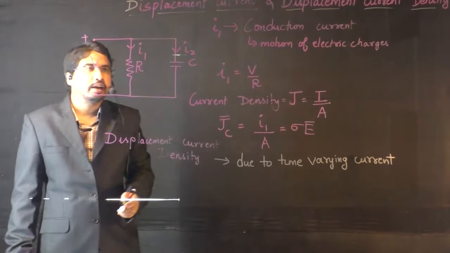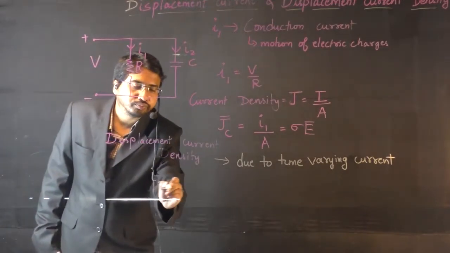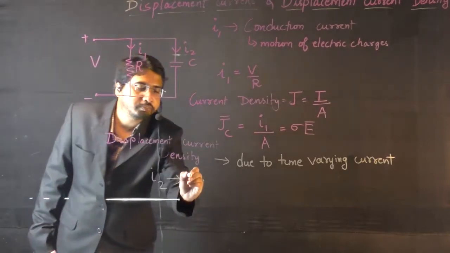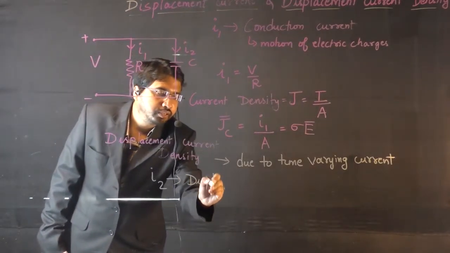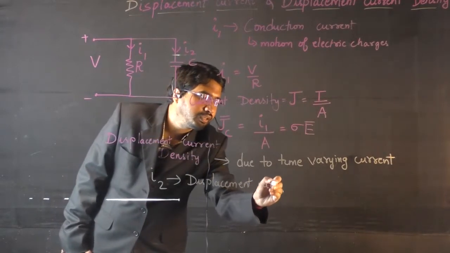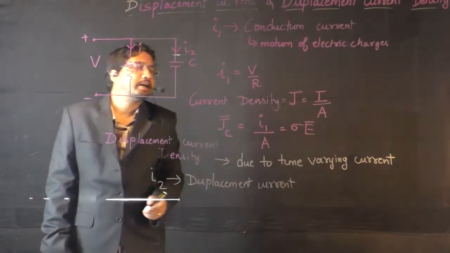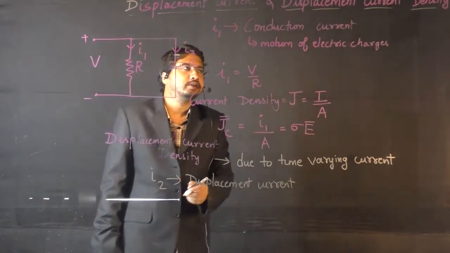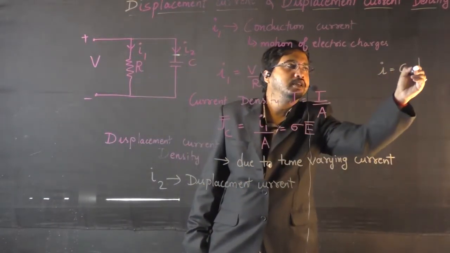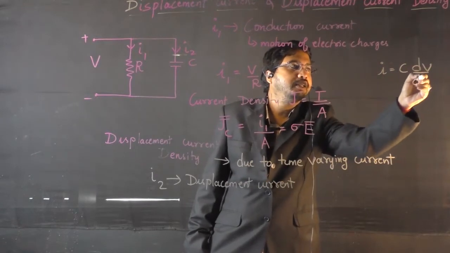Displacement current, that means your I2, the current that is flowing in this capacitor branch, is displacement current. Because what is the general relation between voltage and current in a capacitor? In a capacitor we know that the current is given by I equal to C dV by dt.